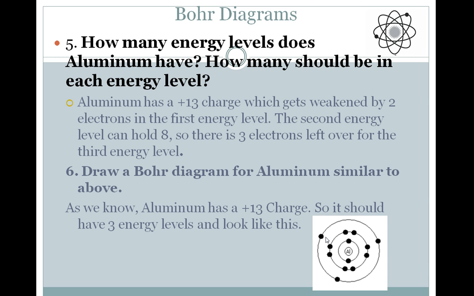But since aluminum has only a charge of 13, you need to put 2 electrons in the first level, which leaves you with a +11 charge, and then you have 8 in the second level. That has a total of +10, and then you have 3 left over, so you have just 3 in the third energy level. This is why there are 3 electrons left over for the third energy level. Hopefully that makes a little bit of sense.